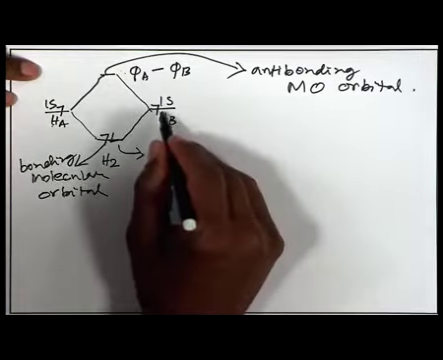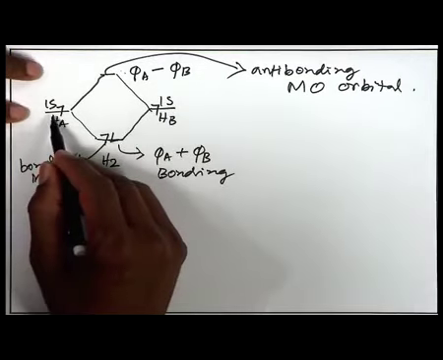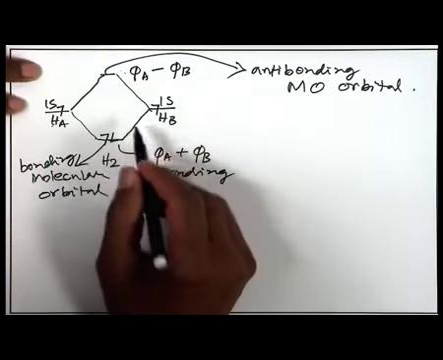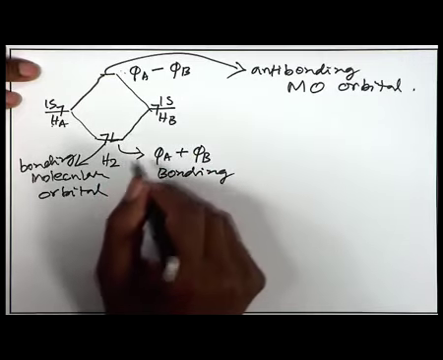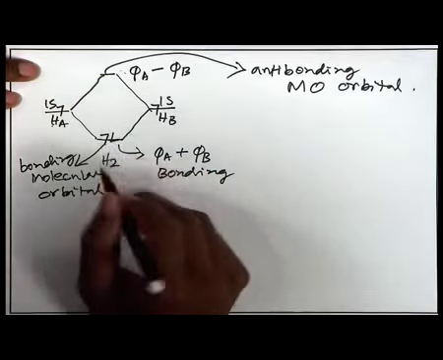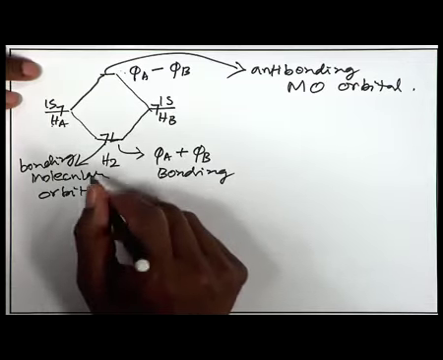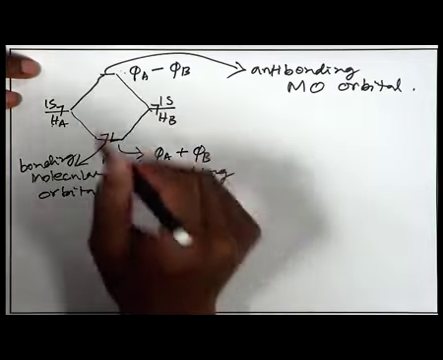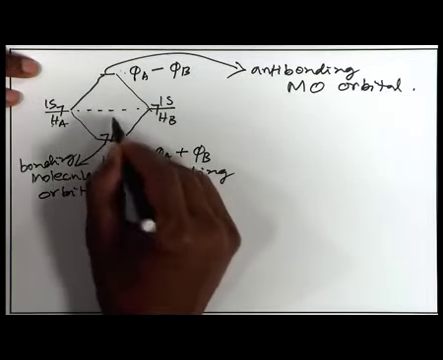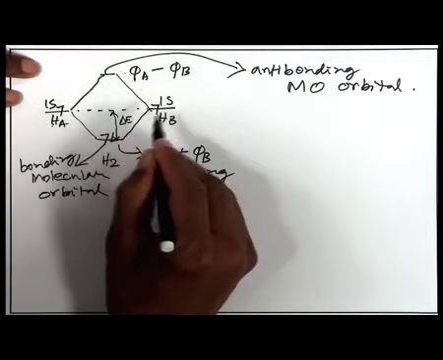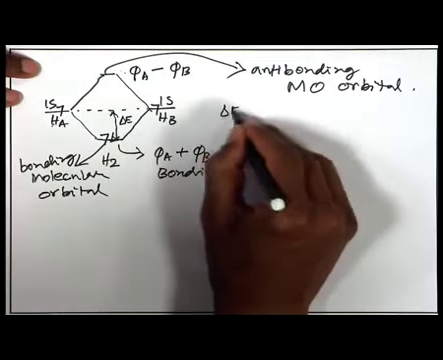Here is one electron, here is another electron, and both electrons will go to the lower energy level, the bonding molecular orbital. They will not go here. The difference between this level and this level is delta E, the bond energy.